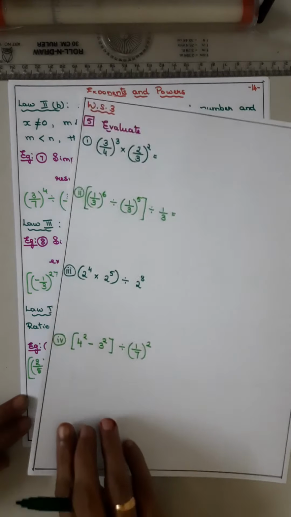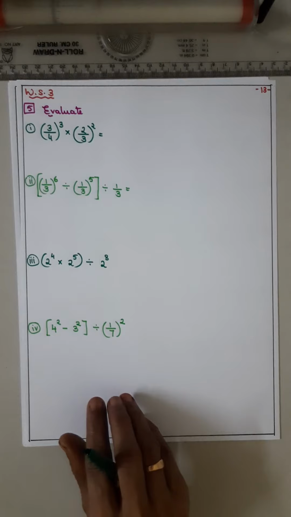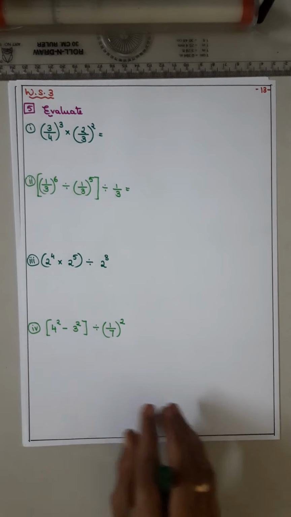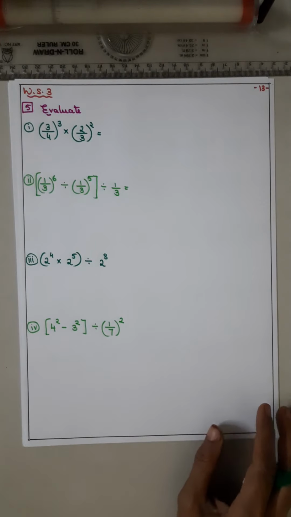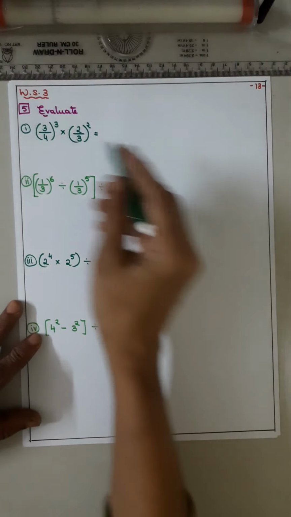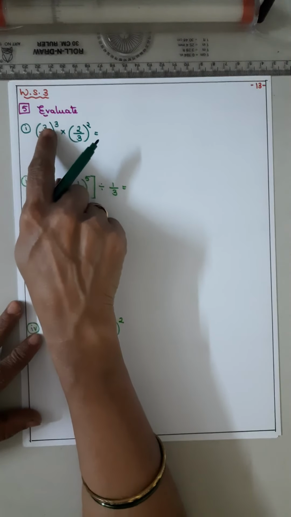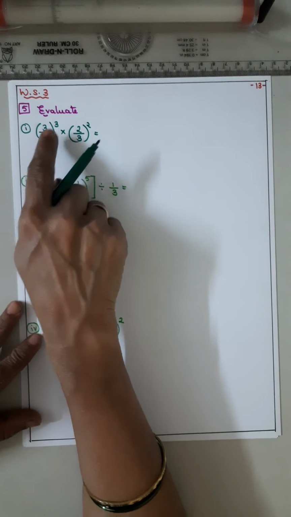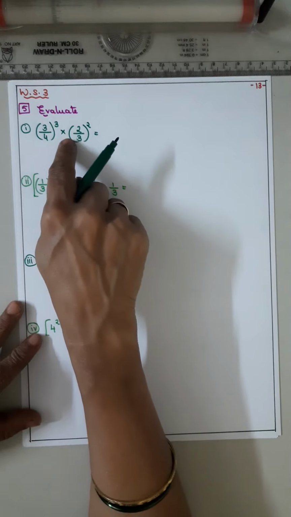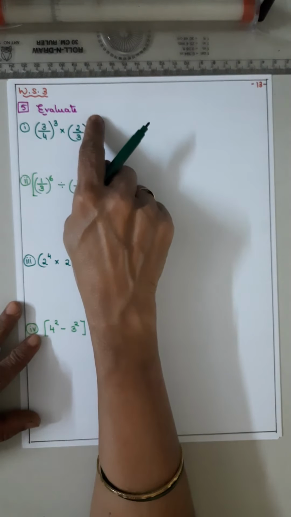Now coming to question number 5. It is evaluate. Evaluate means find the value. Now see here. It is 3 by 4 the whole cube into 2 by 3 the whole square.